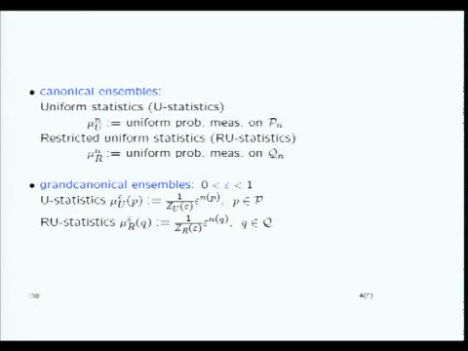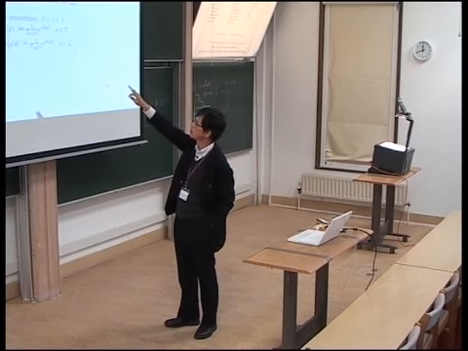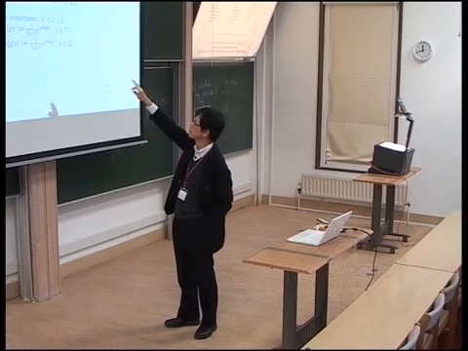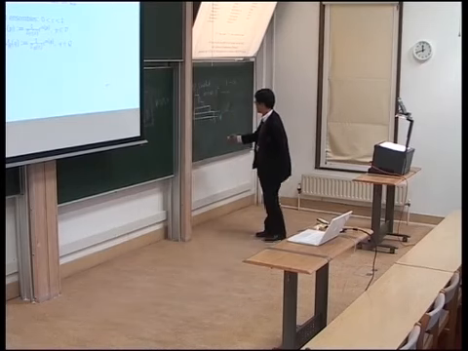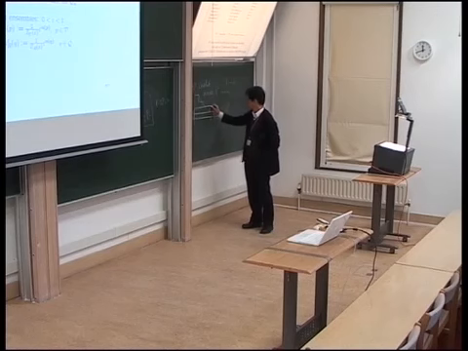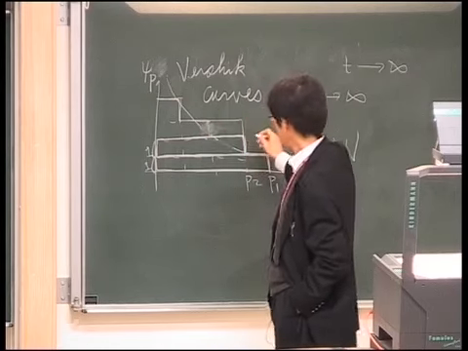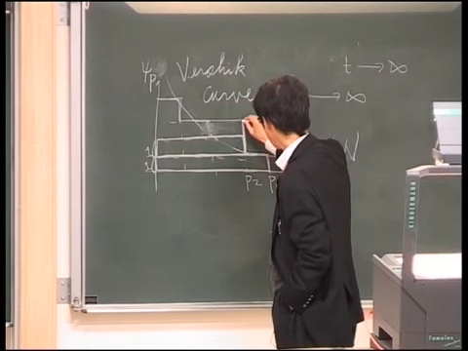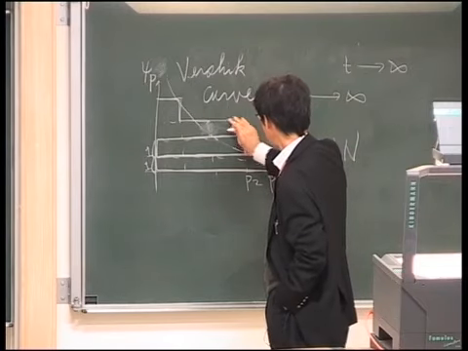And mu Rn is the restricted uniform statistics. That means the uniform probability measure on Qn. So this situation is not allowed in Qn. This is called the height difference, and the height difference should be 1 in the Qn case.